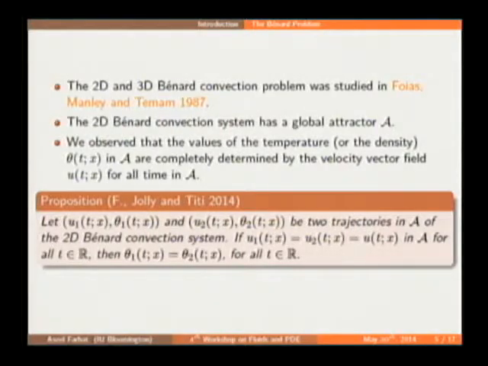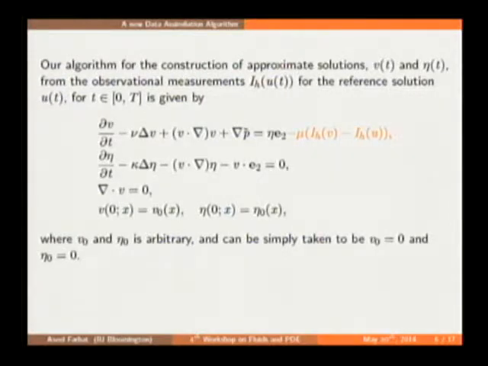So in other words, the values of the temperature or the density theta on the global attractor A are completely determined by the velocity vector field on the global attractor. This inspired the idea of constructing an algorithm where we need only measurements of the velocity field of the fluid, and we don't need to take measurements of theta.